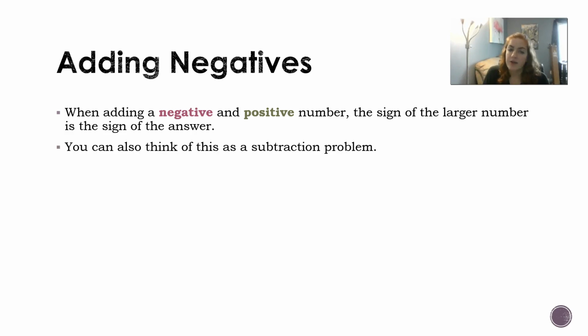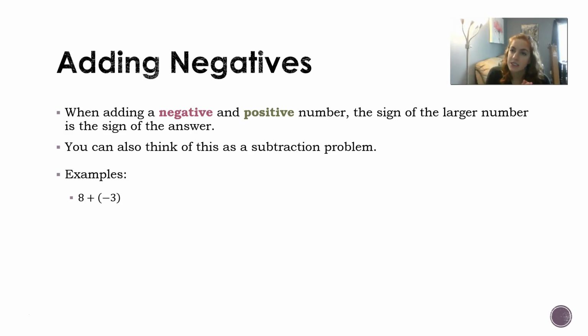Okay. Another way to think of one negative and one positive is almost as a subtraction problem because it's the same idea. Addition and subtraction are buddies. They relate to one another. So let's begin with 8 plus negative 3.